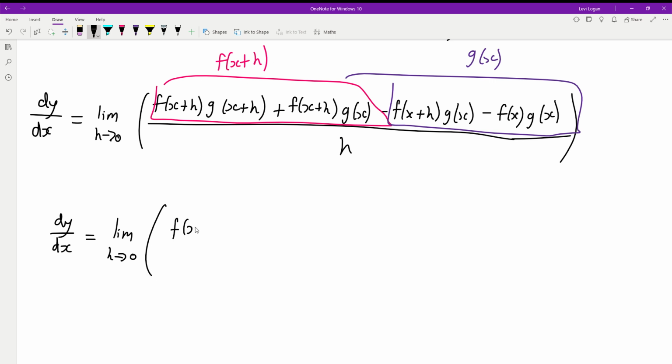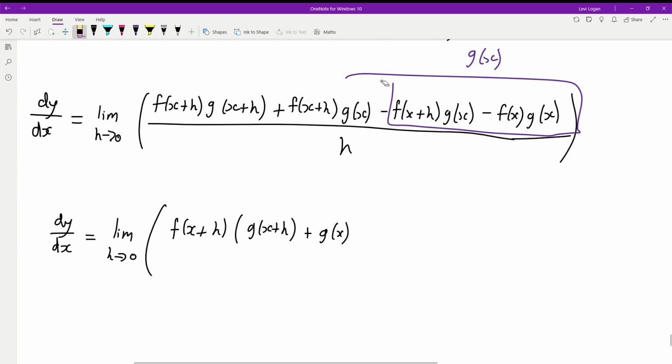So I get f of x plus h times by g of x plus h plus g of x. Oh, whoops, sorry, I wanted that the other way. All I'm going to do is group these other terms. Sorry guys.